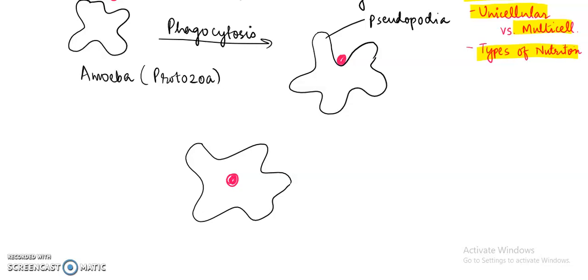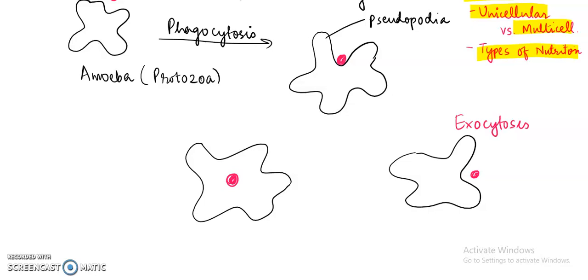You have seen that when the food vacuole was near, pseudopodia or false foot was being extended by amoeba, and ultimately the food vacuole goes in. Now, over a period of time, this will be getting digested, and the leftover food will be excreted out by amoeba, right? So food goes in through phagocytosis, and with the help of exocytosis, it goes outside.